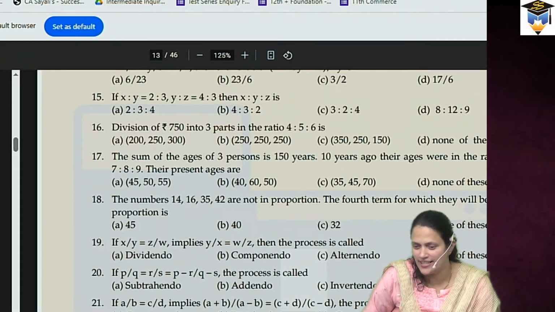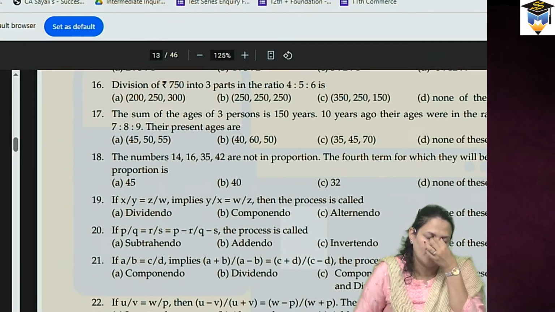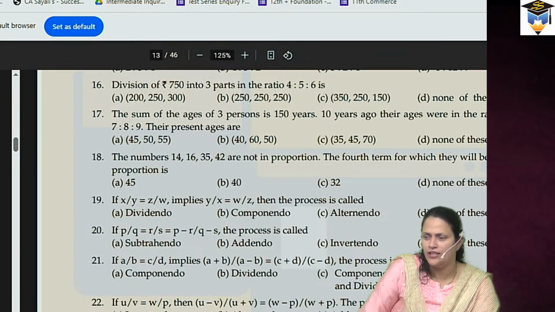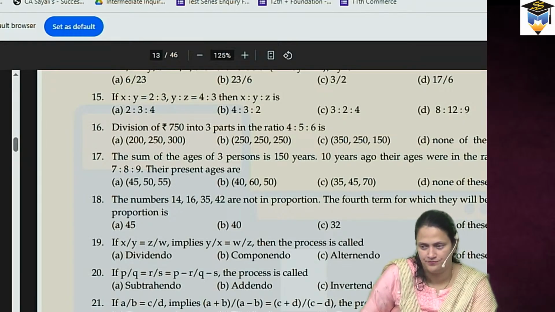Okay, let us solve the 17th, 18th, and then go to 19th. Okay, 17. Okay, so the answer for the 15th one was option D.